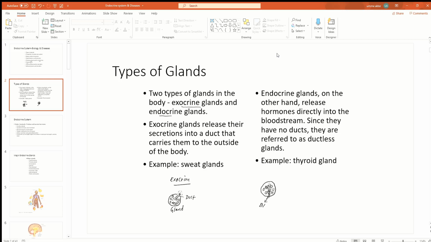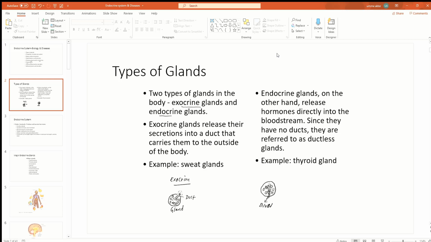So the hormone is secreted into the blood, and blood takes the hormone to the outside of the gland. So just think that once the hormone enters into the blood, it will take it everywhere, okay, because blood circulates throughout the body.